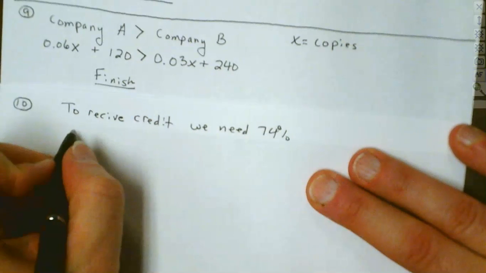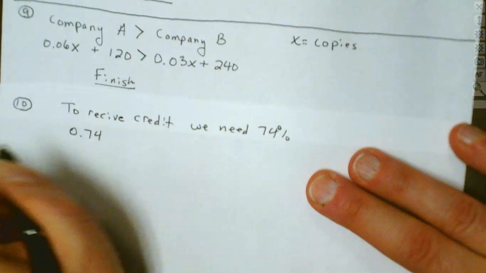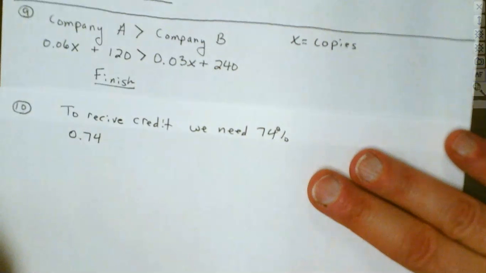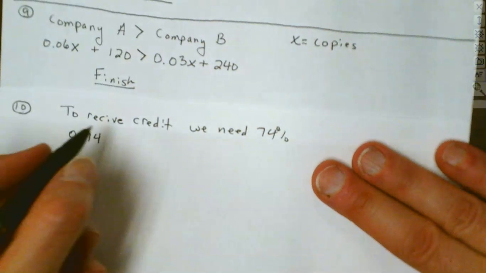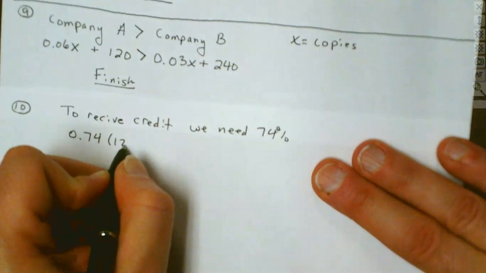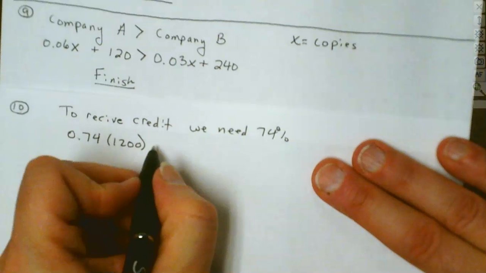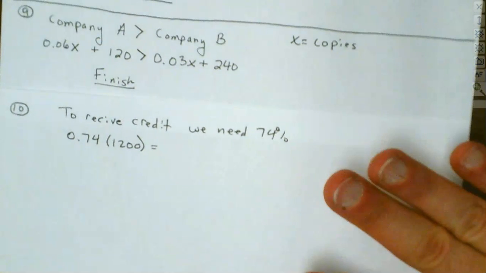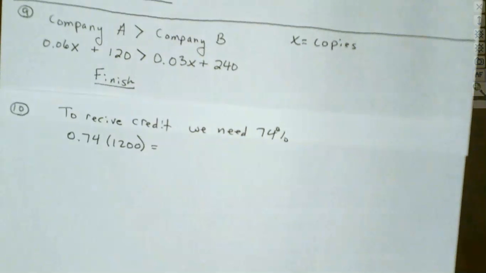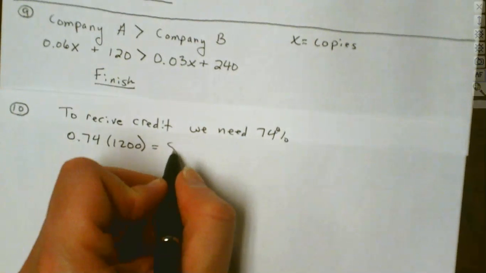So we're going to take that 0.74, that's your 74%. Now, how many total points do we have? We have a total of 1,200 points. So we're going to multiply it through. 0.74 times 1,200 gives me 880.